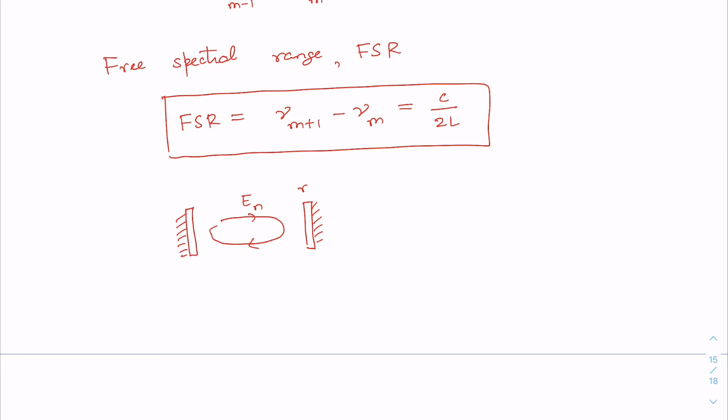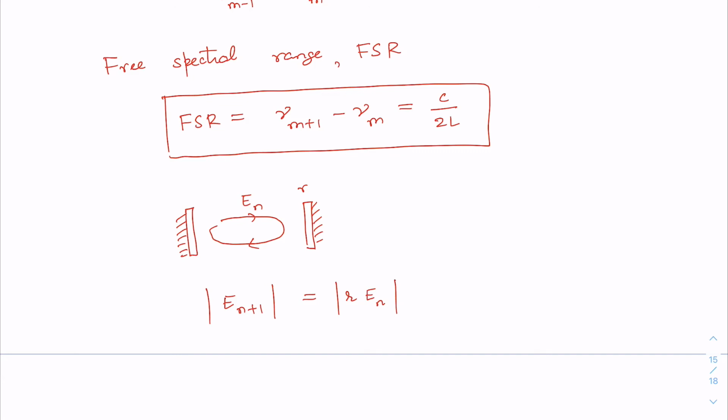Then the amplitude of the wave is going to reduce by a factor of R on each round trip. So after the (n+1)th round trip, its amplitude would be reduced by a factor of R, where R is less than 1. We are just writing about the amplitude here, and this is what is going to happen.